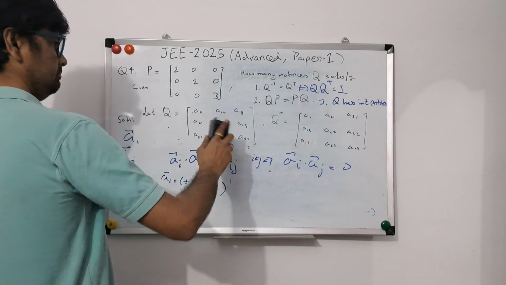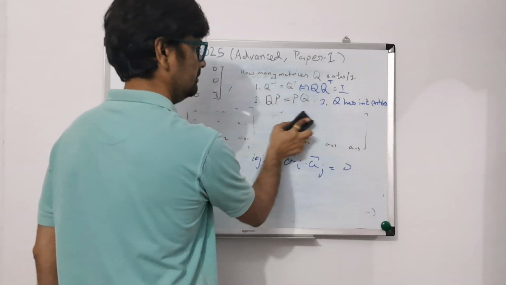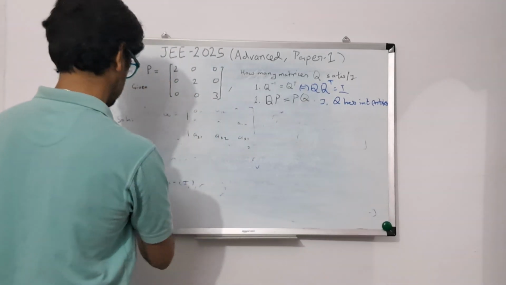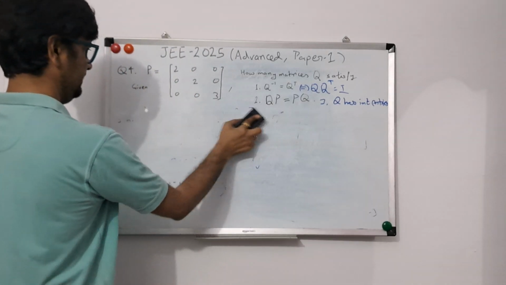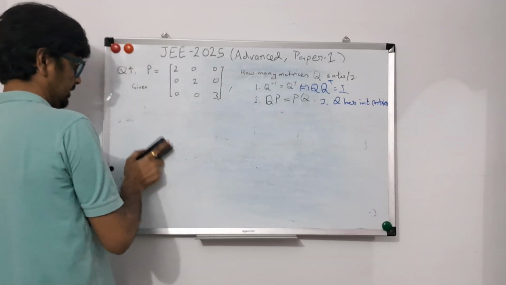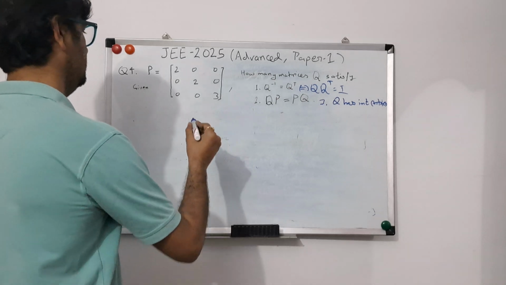Now I am going to rub it. Please remember that these three vectors which we talked about are mutually orthogonal, because it is going to be important.